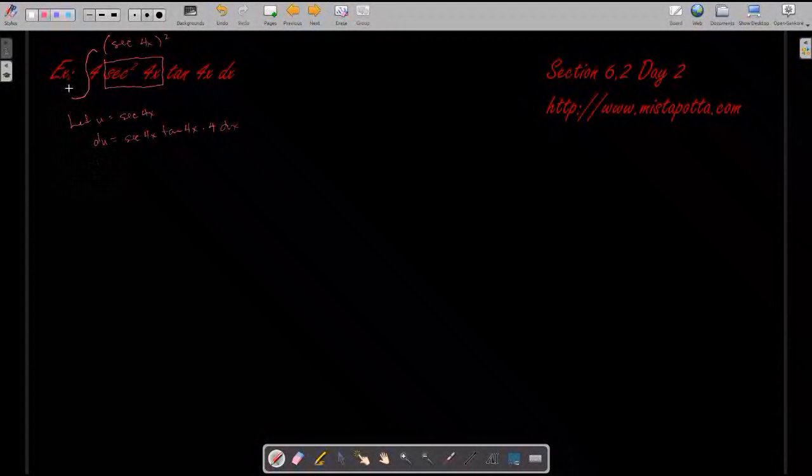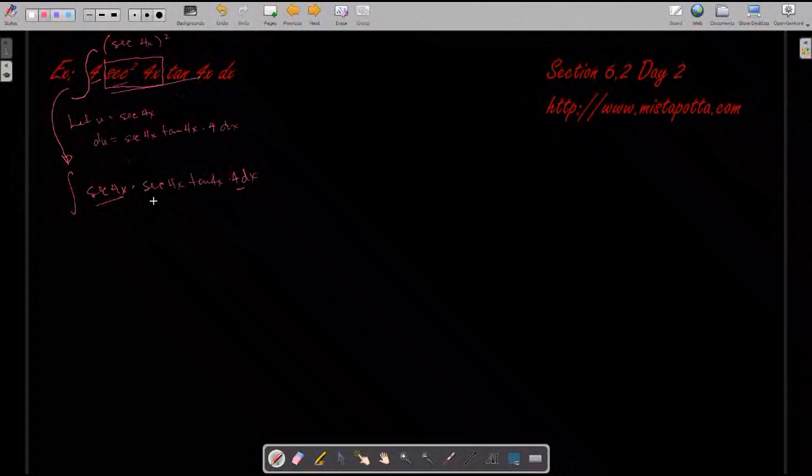This integral actually can be rewritten as the integral of secant 4x times secant 4x tan 4x times 4 dx. Because every part I can find in this is in the differential.